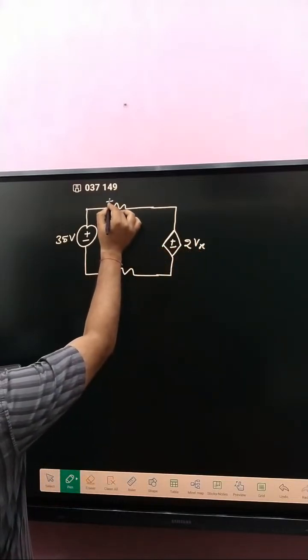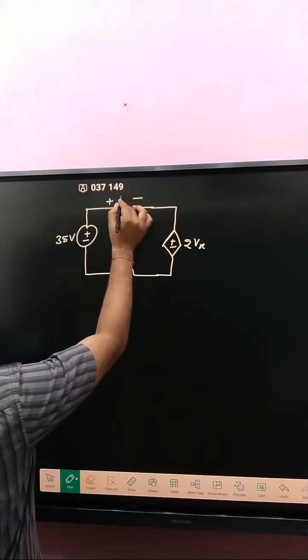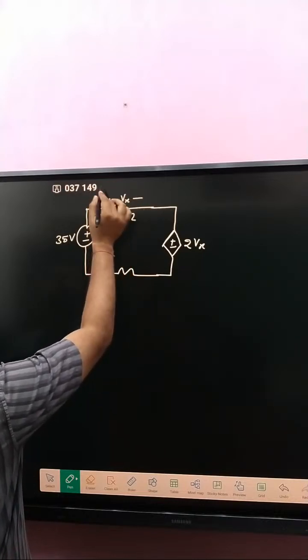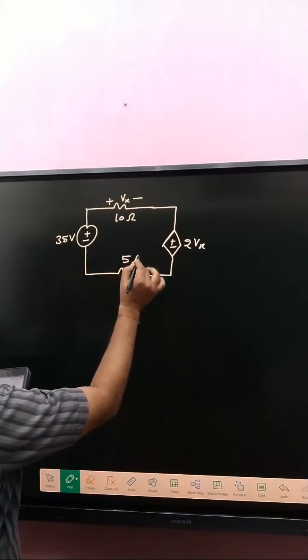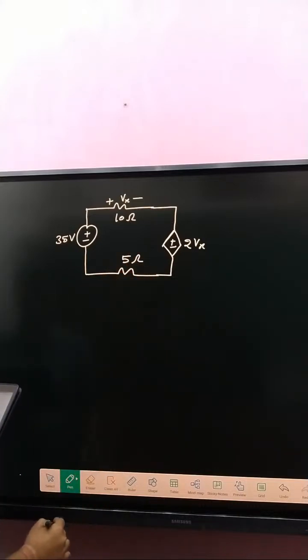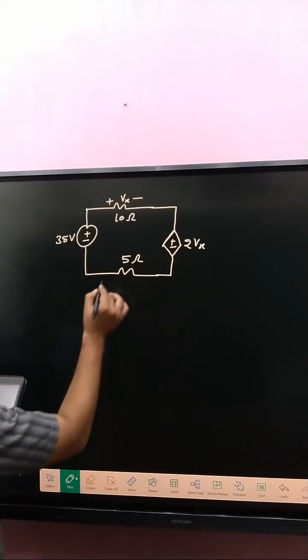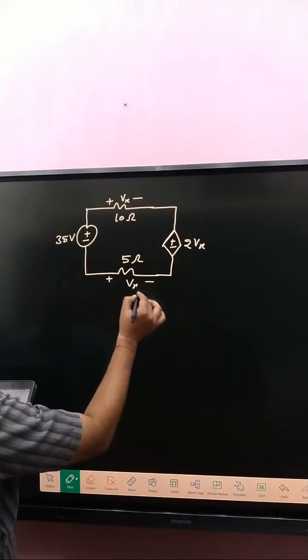And here plus minus Vx. Okay, and here 5 ohm, and here plus minus Vx.